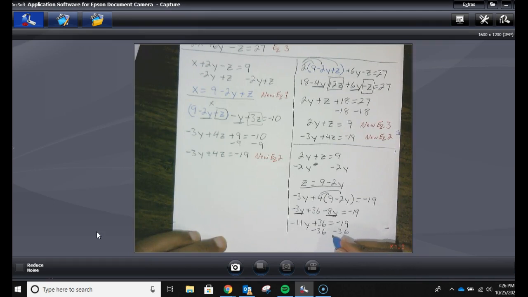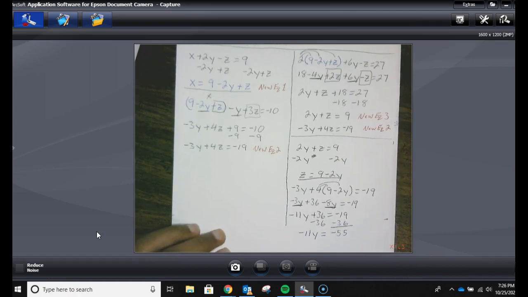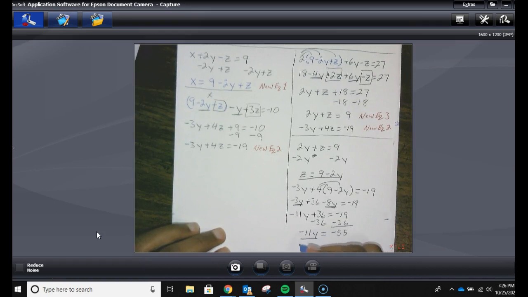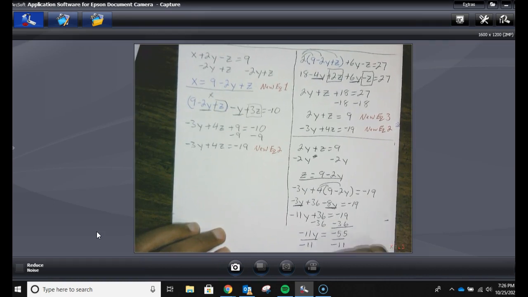We're starting to get somewhere, y'all, believe it or not. That gives you negative 55. And then your last step for this part is to divide by negative 11. And I end up with y equal to 5.